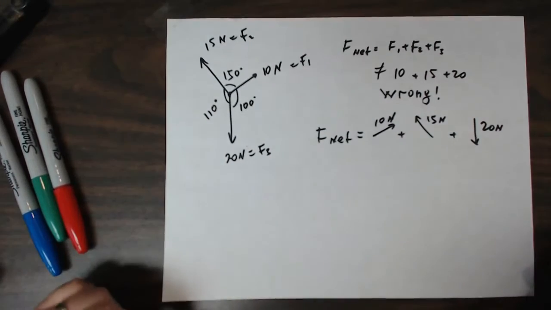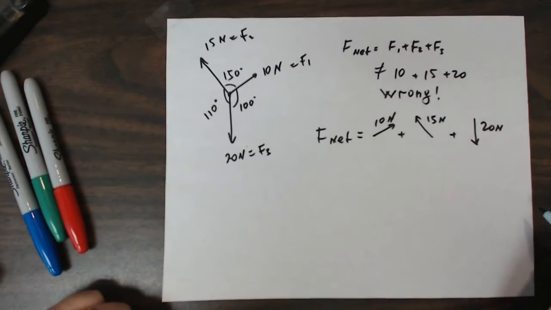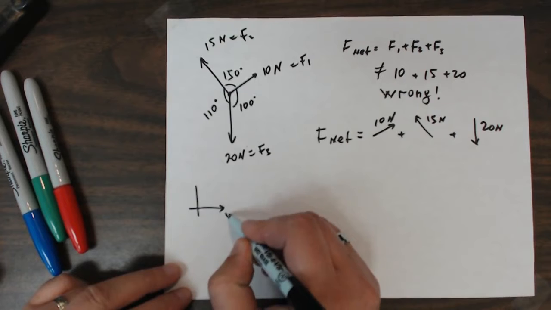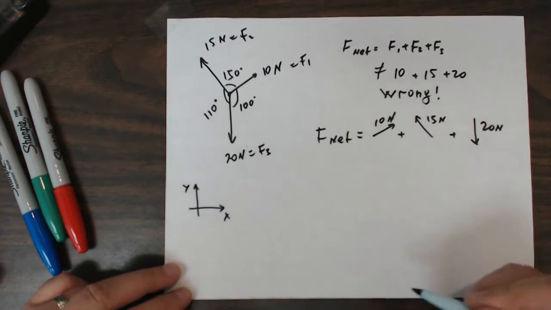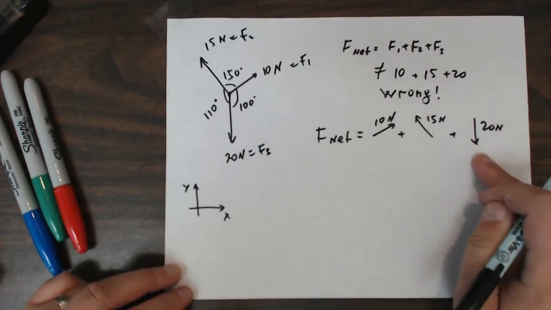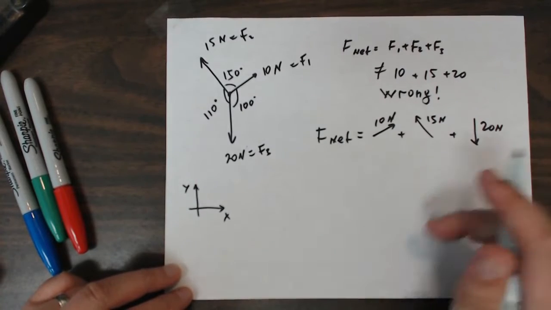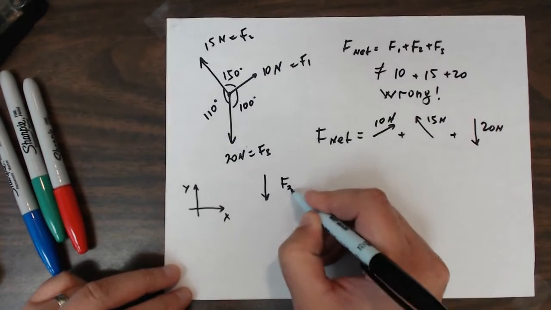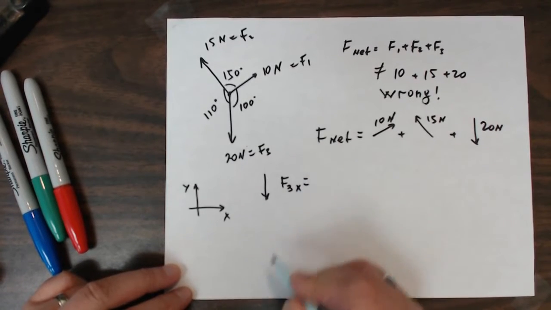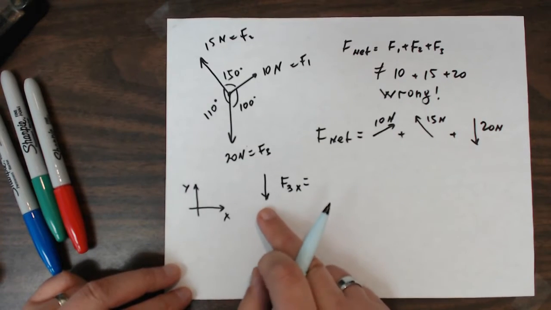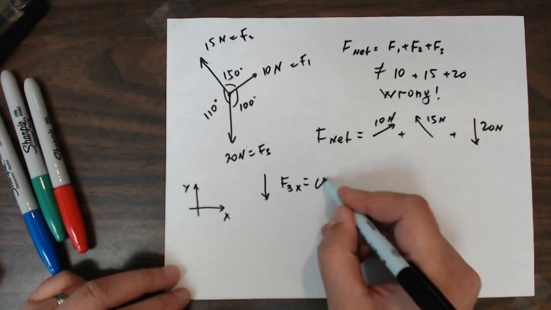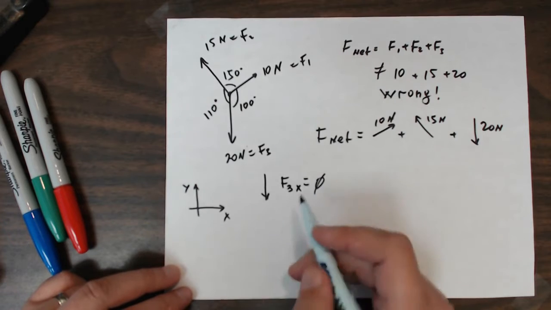Now we know that every vector has 2 components relative to 2 axes, x, y. Well, the last one is the easiest one. So this arrow is perpendicular to the x-axis, so it doesn't have any x component to it.